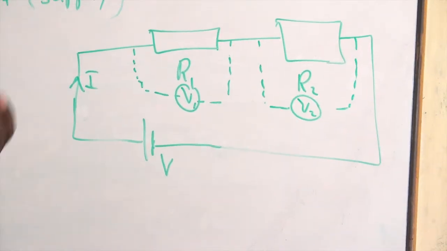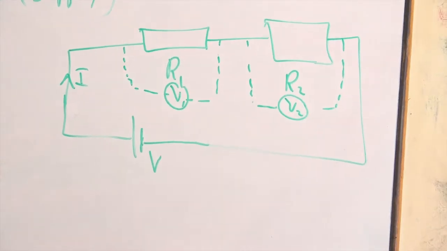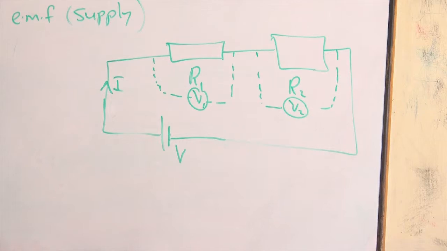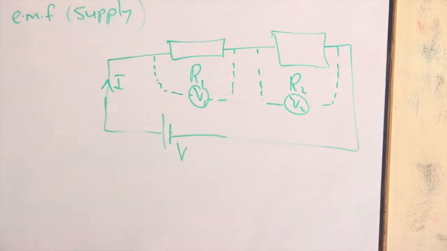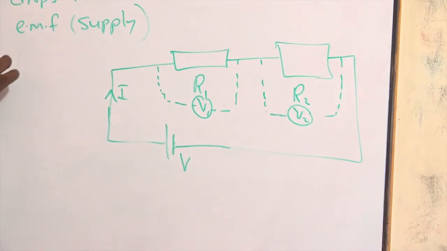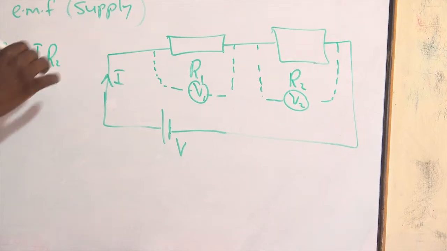So the voltage drop in this circuit is the same as this. That shows that the voltage E from the source, V, should be equal to I times R1 plus I times R2.